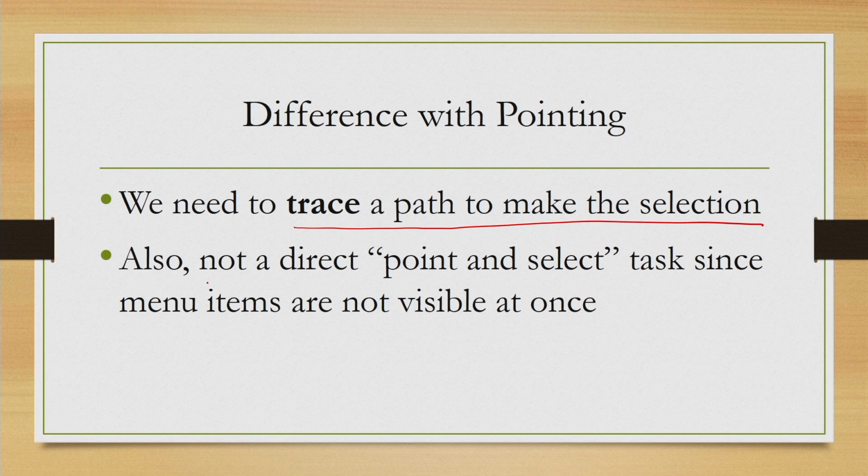As we keep on selecting from higher levels, the lower levels keep on appearing. So, it is not a direct point and select task, unlike in the behavior modeled by the classical Fitts law or the bivariate and trivariate pointing models, but it is a task which involves items which are not visible at once.